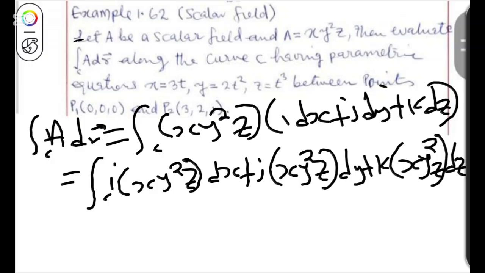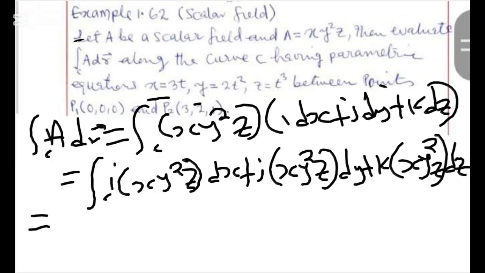Then I'm going to substitute the values of x, y, and z. Anywhere I see x, I'll put 3t. Anywhere I see y, I'll put 2t squared. Anywhere I see z, I'll put t to the power 3.